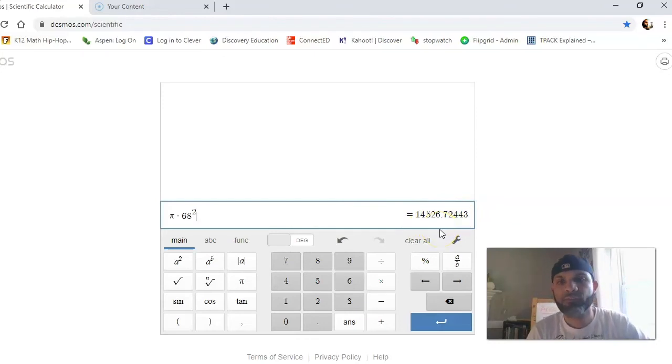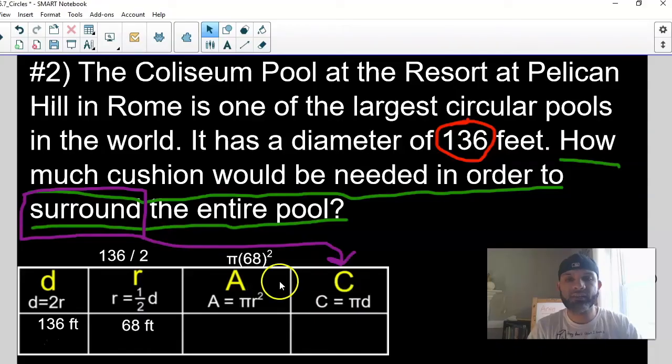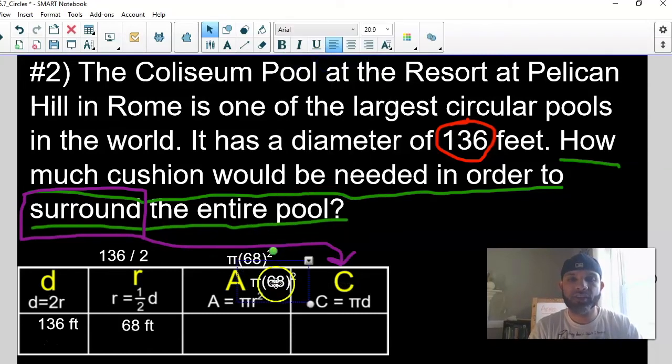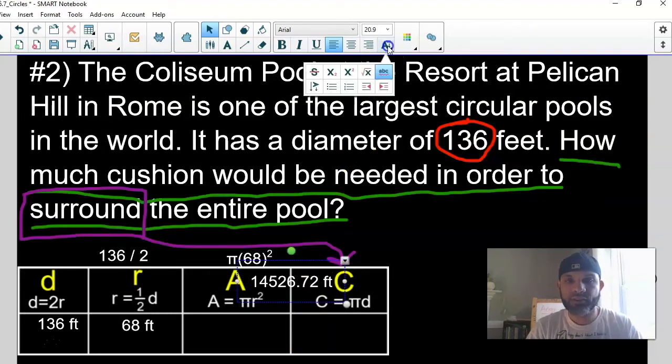14,526.72 feet squared, so it's to the second power.